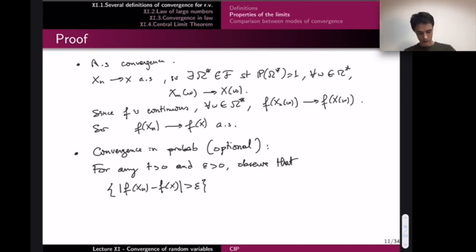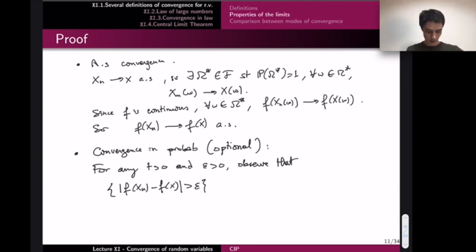Keep in mind that I want to prove that the probability of this event goes to 0 as n goes to infinity. So for fixed epsilon, I want to prove that the limit of P of this set goes to 0. So I will actually find sets in which this set is included, and work with an upper bound on these bigger sets that I will exhibit now.